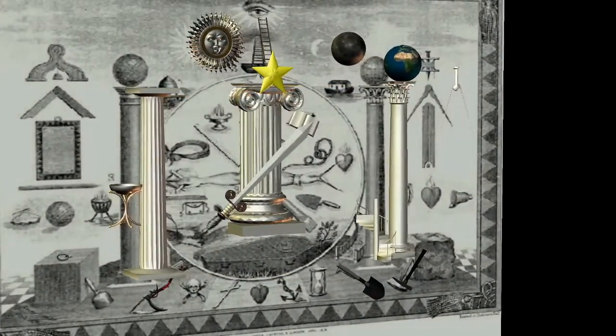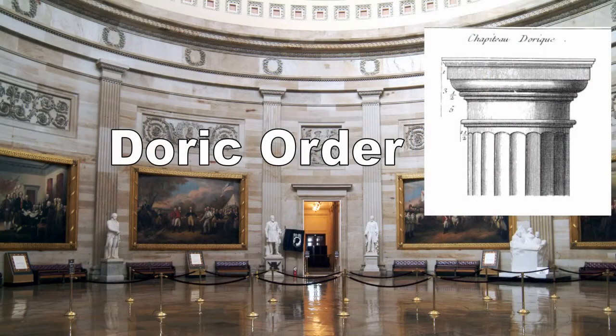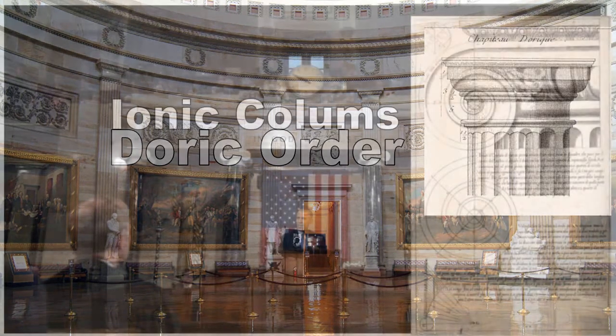Now, Freemason tracing board, we have the three columns, Doric, Ionic, and Corinthian. You'll also find these three orders, the Greek orders of architecture, in the Capitol building. For instance, Doric colonnades in the rotunda.